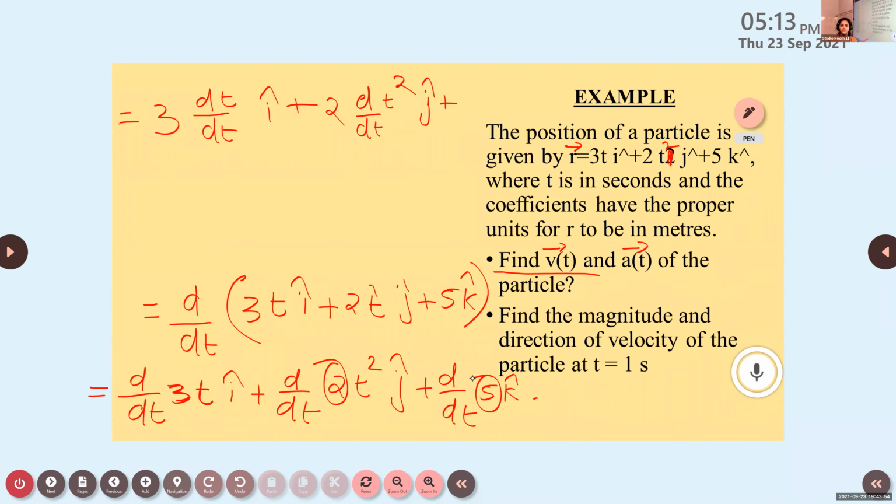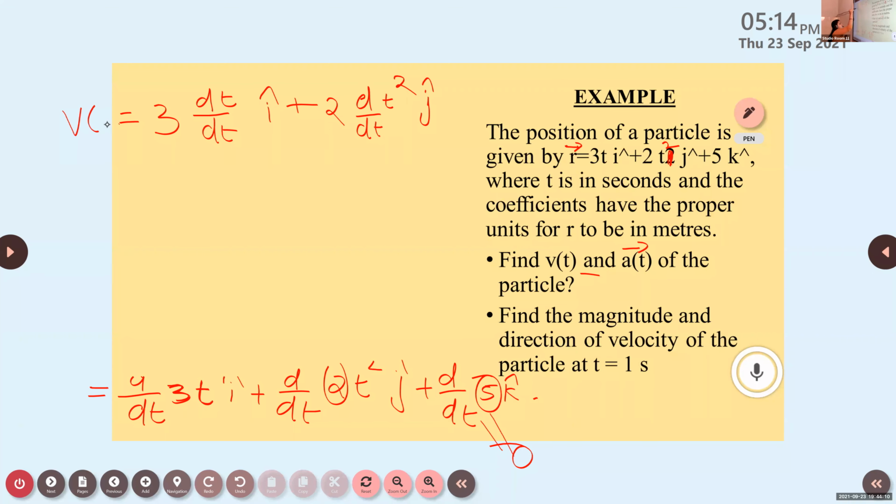The derivative of a constant is always 0, so the third term is 0 and we don't need to consider it. So v of t is equal to 3 into dt by dt, that is 3 into 1, i cap plus 2 into, what is the general equation for calculating d by dx of x square?